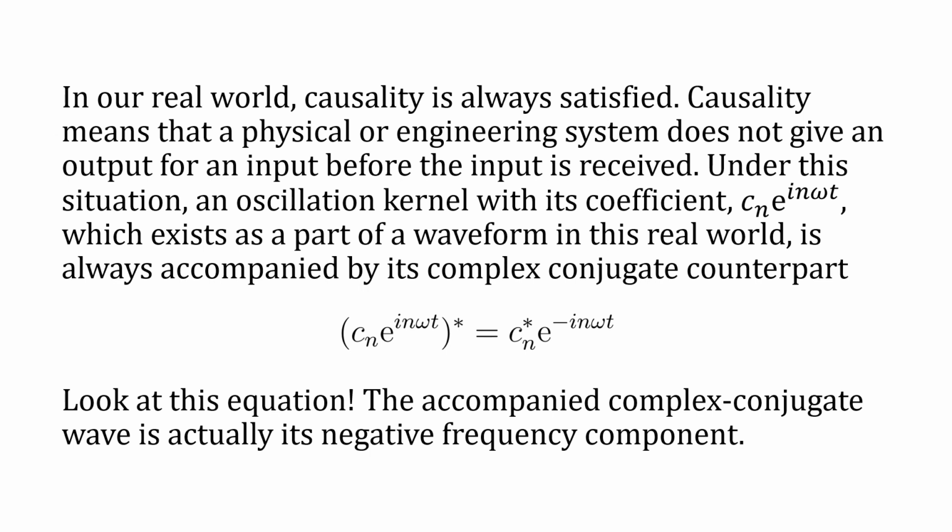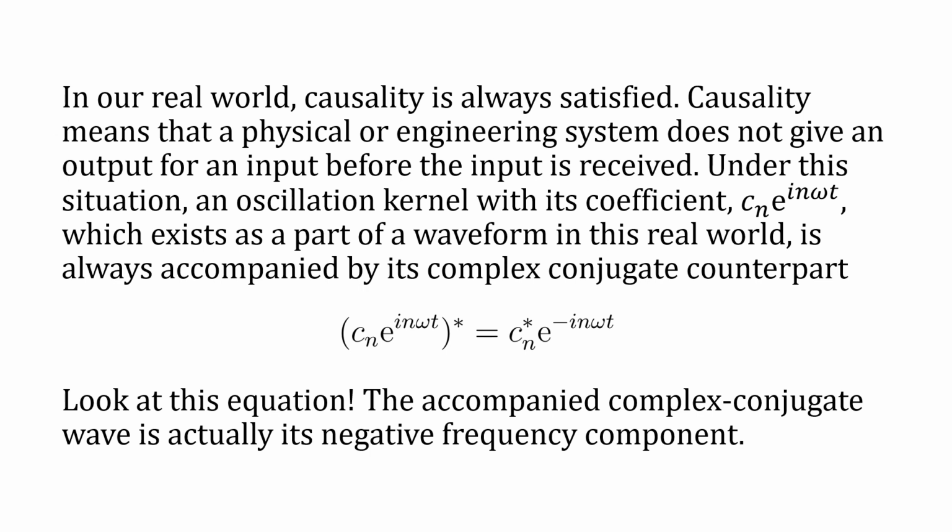In our real world, causality is always satisfied. Causality means that a physical or engineering system does not give an output for an input before the input is received. Under this situation, an oscillation kernel with its coefficient, Cn multiplied by e to the i n omega t, which exists as a part of a waveform in this real world, is always accompanied by its complex conjugate counterpart.